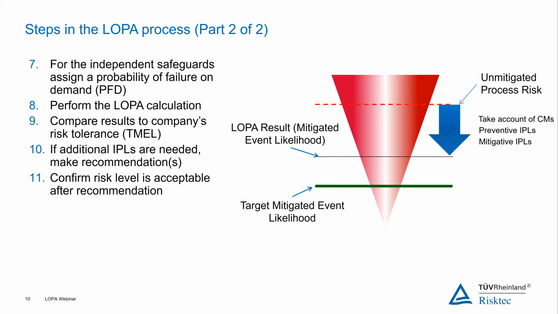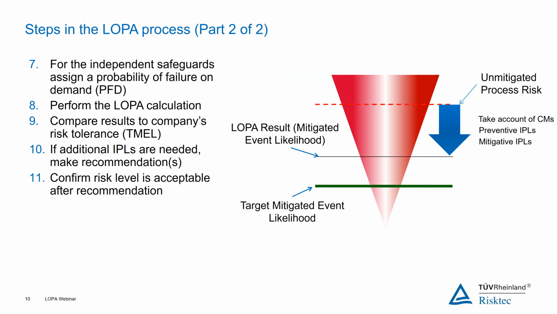Now, in the example animation here, you can see we haven't quite got to the part where we're at our target mitigated event likelihood. So in this scenario, we need to have a bit of a think. What are the safeguards we can put in place? We need to raise a recommendation. This recommendation could come in the form of improving our existing safeguards.